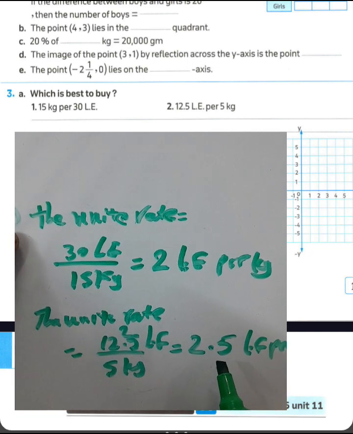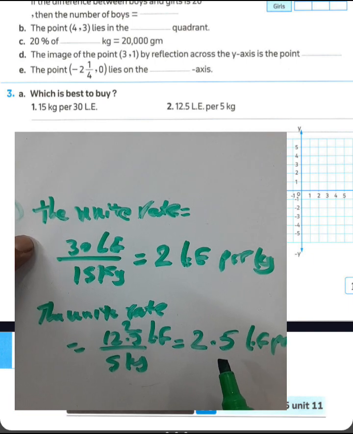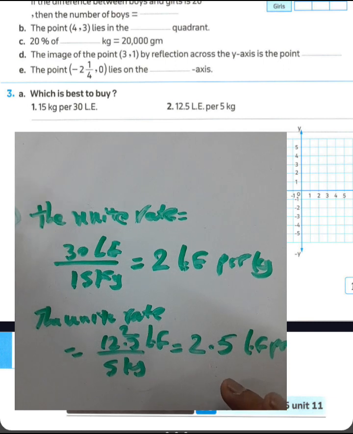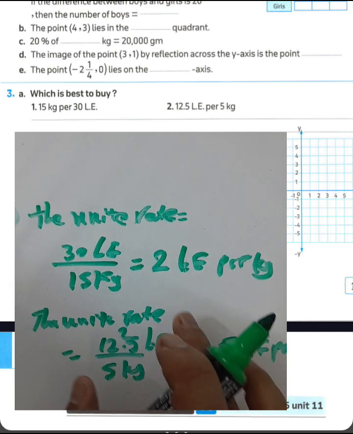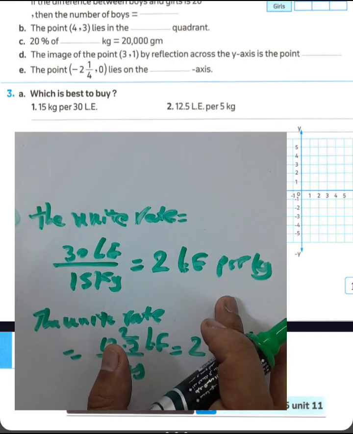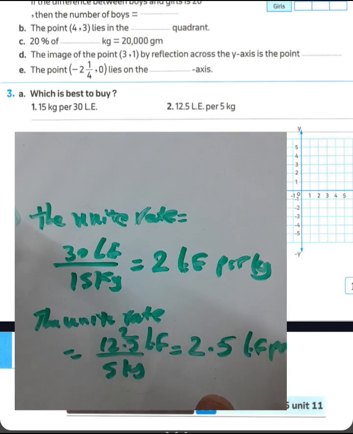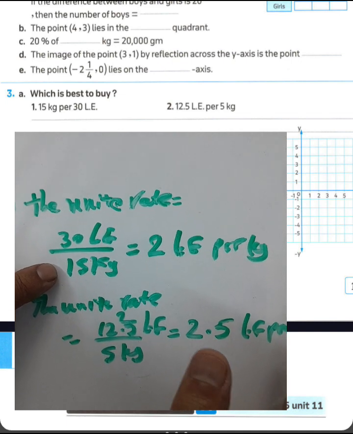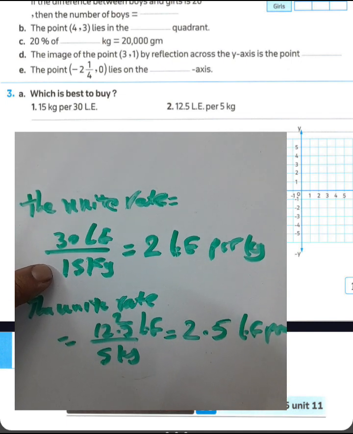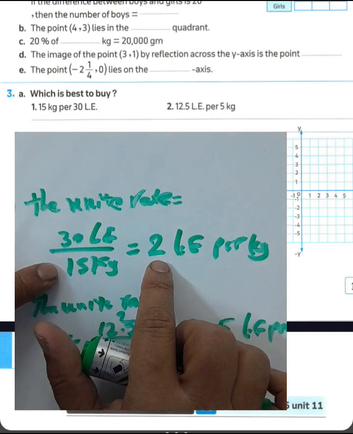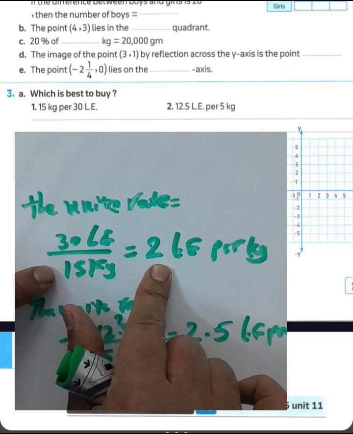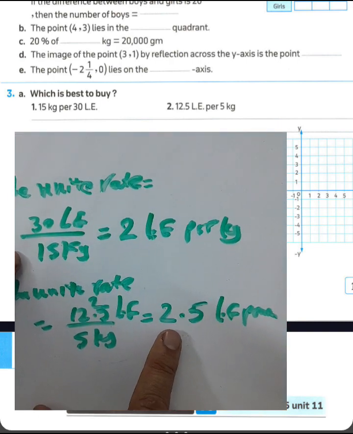Then the first, we have here 2 Egyptian lira per 1 kilogram, and here 2.5 Egyptian lira per 1 kilogram. Then the first is the best. The price of each kilogram here will be 2, and the price of each kilogram here will be 2.5.